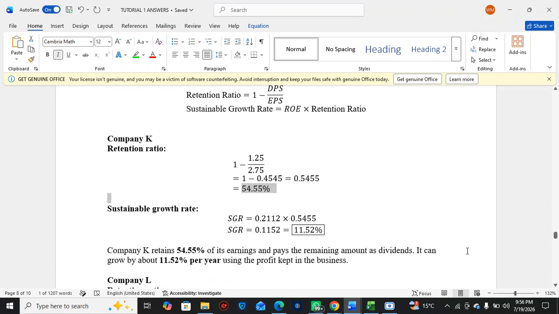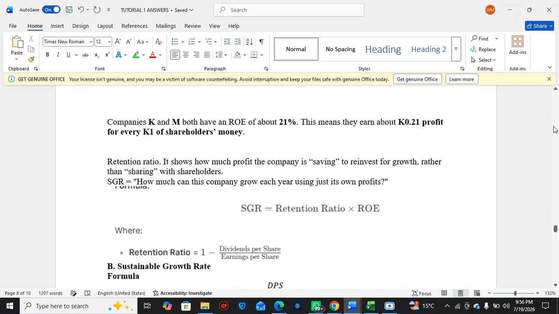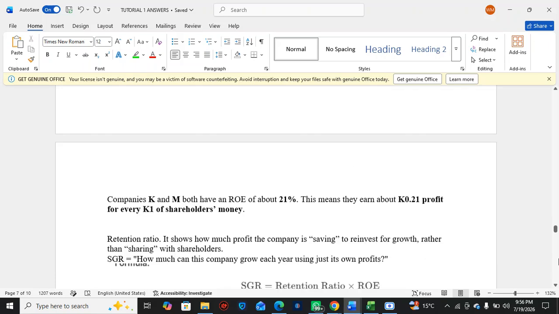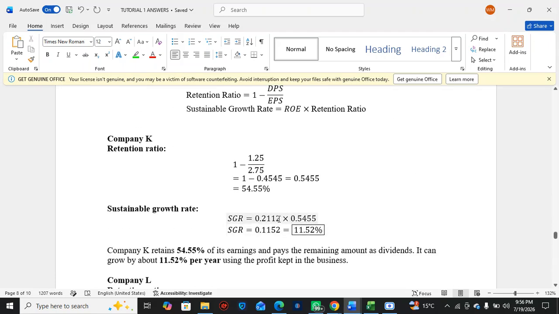So the sustainable growth rate is our return on equity. Company K's return on equity, remember, was 0.21, multiplied by the retention ratio 0.5455.